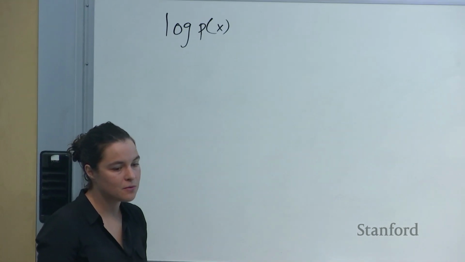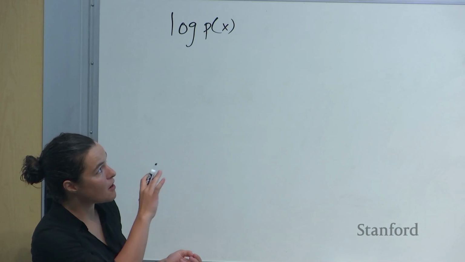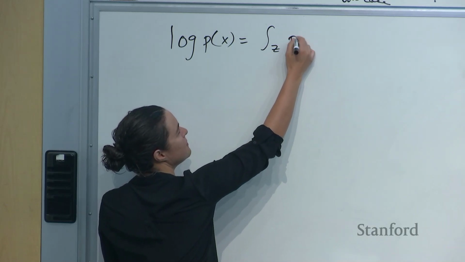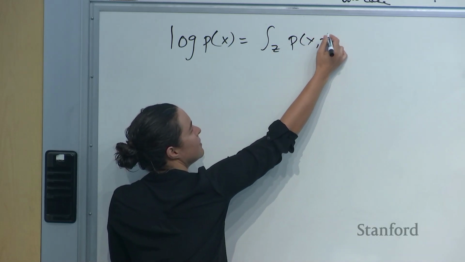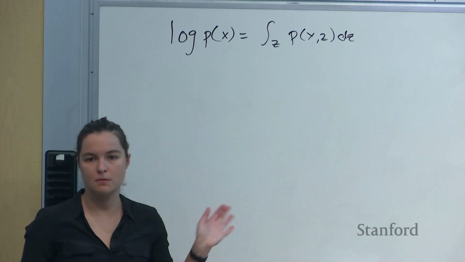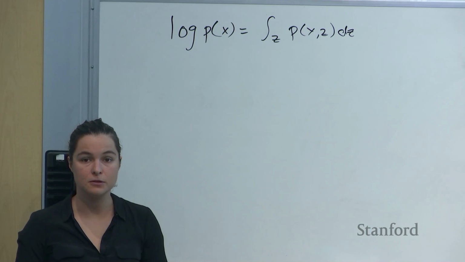So first, under that graphical model, we can say that this is simply the integral over some latent variable Z of the joint distribution of our observed variable X and our latent variable Z.